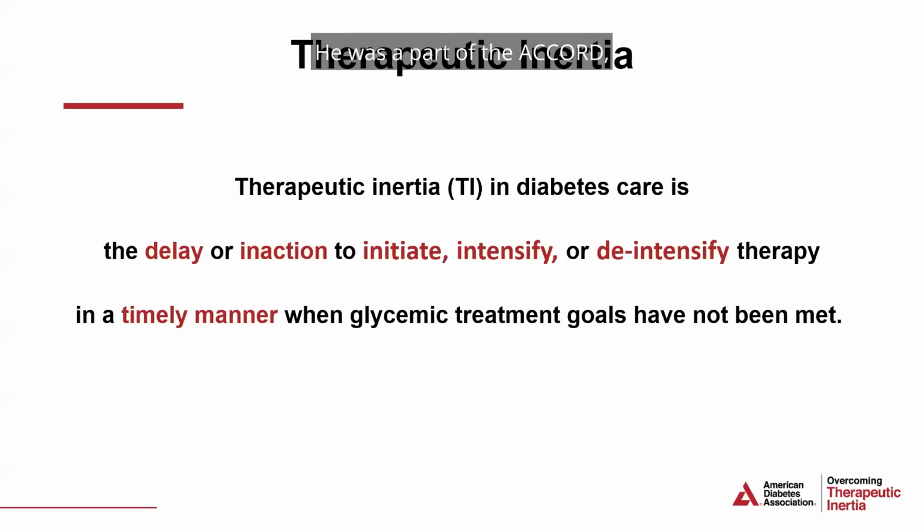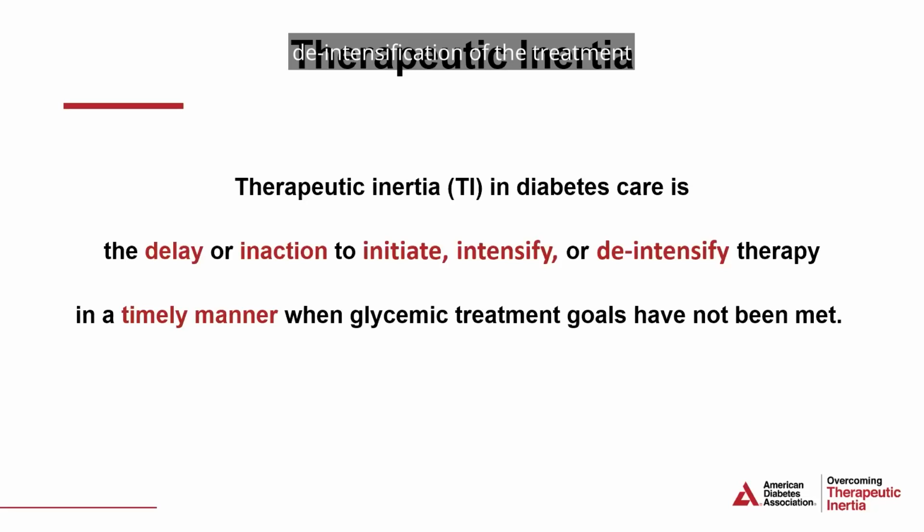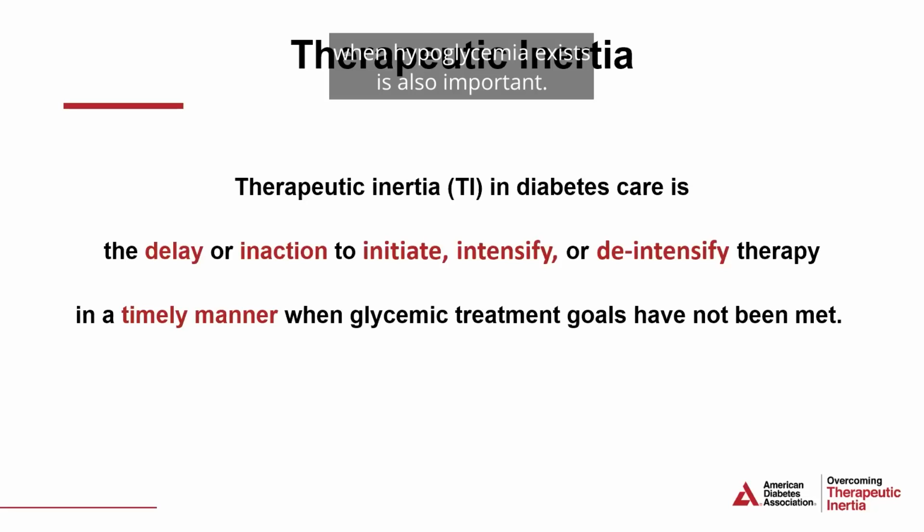He was a part of the ACCORD study, which is one of the landmark trials. And it found that if A1C is high, it's not good clinically. It can increase mortality, morbidity. At the same time, if you have a lot of hypoglycemia, you can have bad consequences from it. So as important as intensification of the treatment, de-intensification of the treatment when hypoglycemia exists is also important.